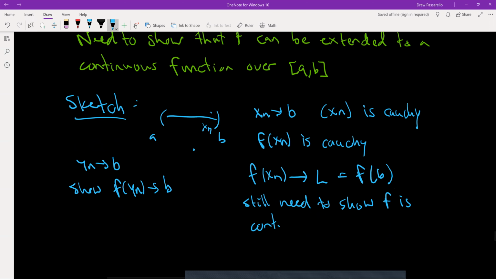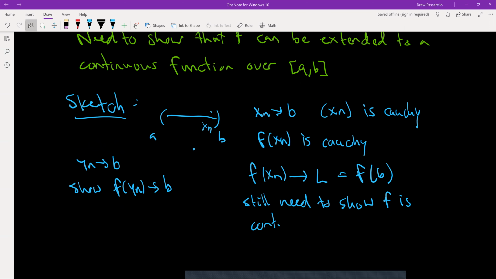Then f of xn converges to L, and that's equal to f of b, but we still need to show f is continuous, so we have to choose another sequence yn that converges to b, and show that f of yn converges to f of b. And that would mean it's continuous.